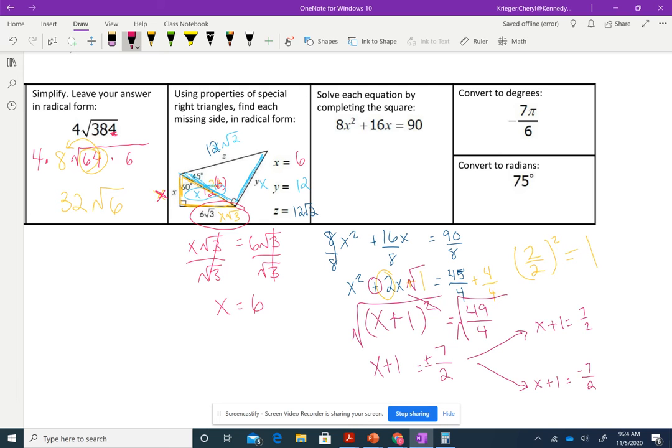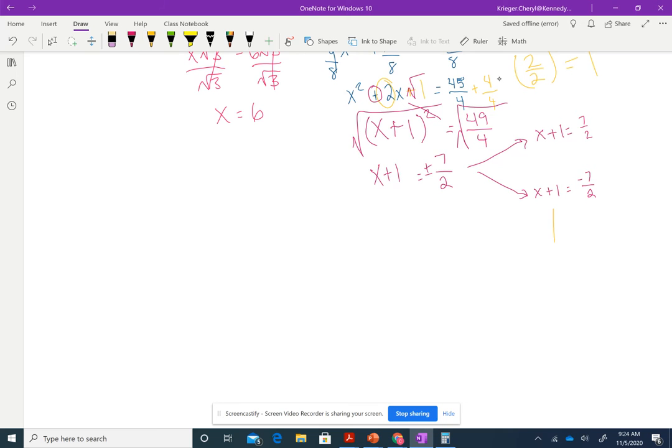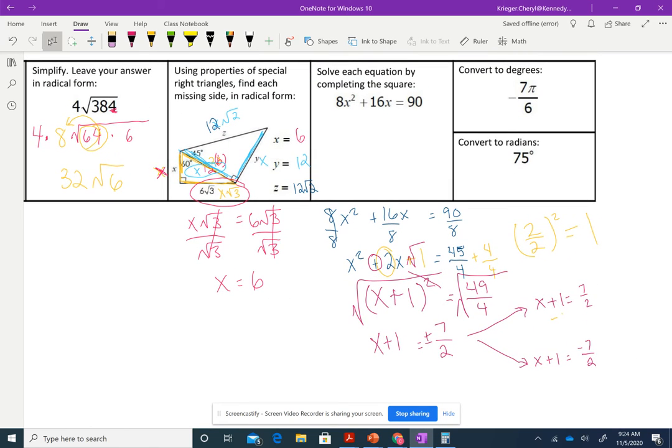And we subtract 1 from both sides. I subtract 1 here in the form of 2 over 2, and here in the form of 2 over 2. Okay, and that brings me to 7 halves minus 2 halves is 5 halves.